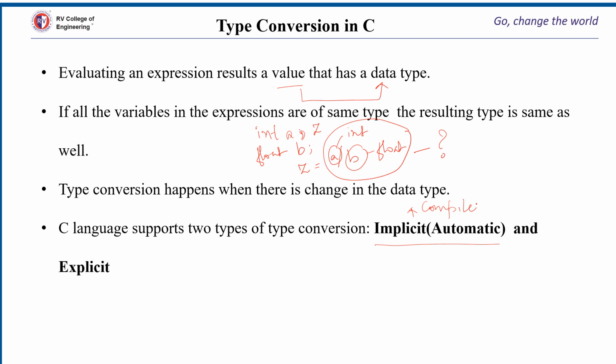These are also called automatic type conversions. The other type is explicit type conversion, wherein a programmer has the control over which variables he wants to convert the type, right? We'll first discuss implicit type conversion and then explicit type conversion.